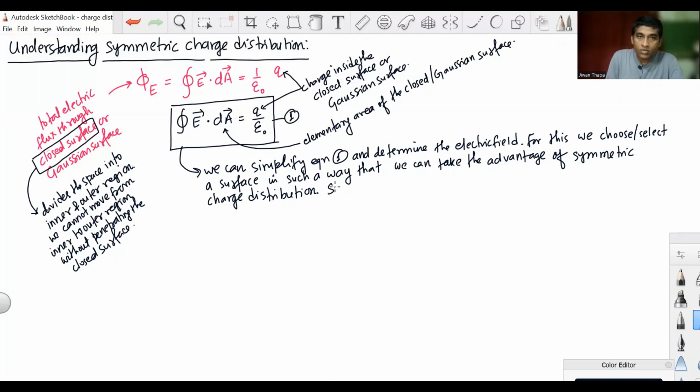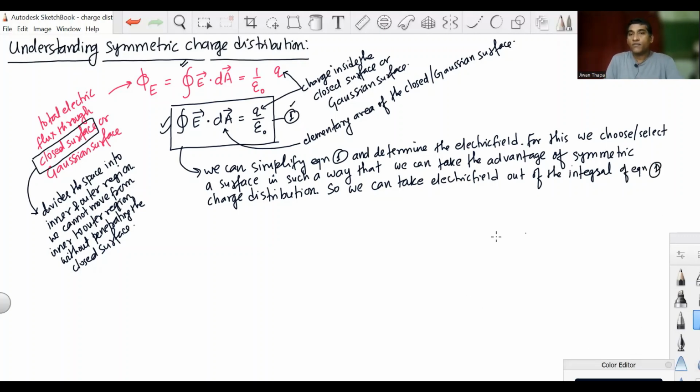So we can take electric field out of the integral of, let's say, equation 1, and determine it.